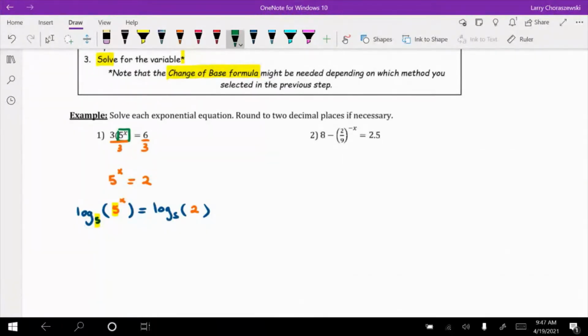What happens with the log notation and the base of the exponential? They cancel, right? And then what's left over is the power. So by using a log base 5, we can actually cancel the base 5, and what's left over on the left-hand side is that power of x. And on the right-hand side is log base 5 of 2.